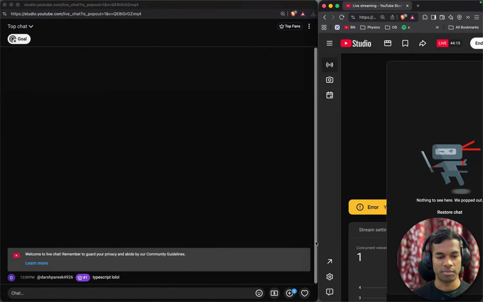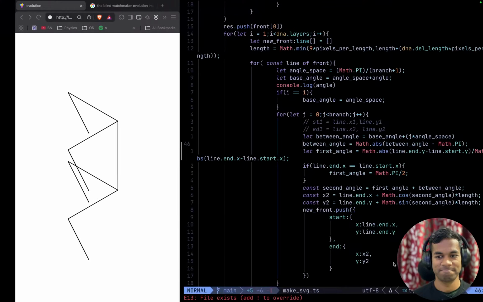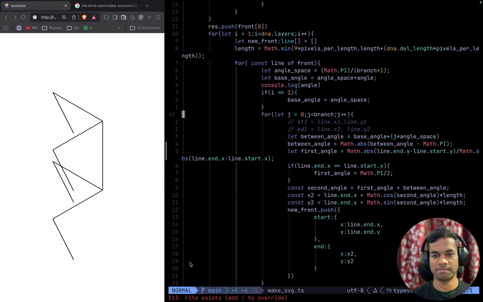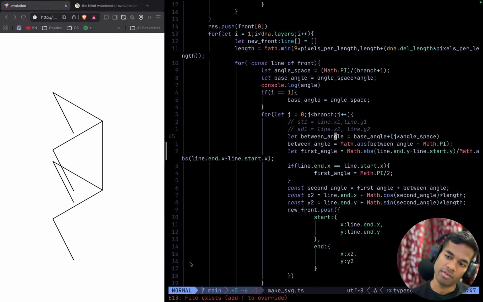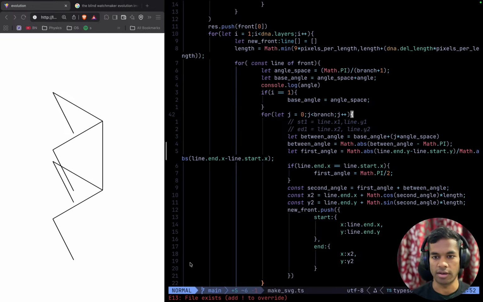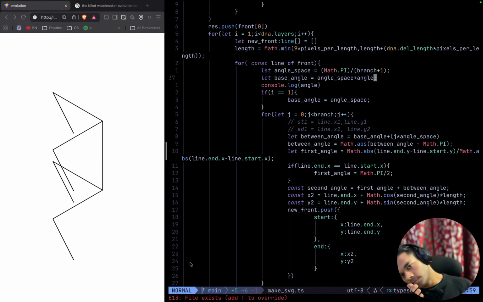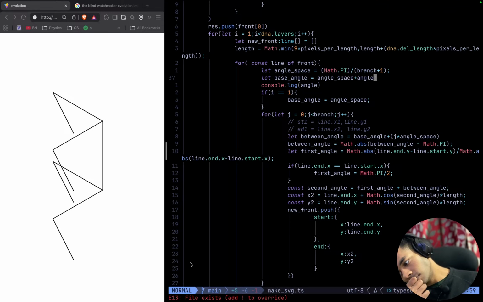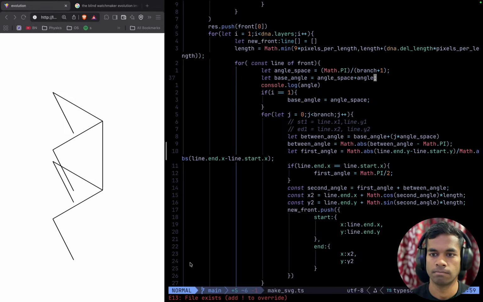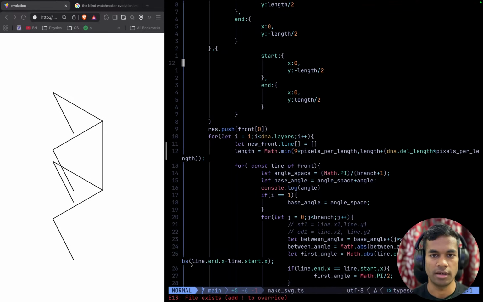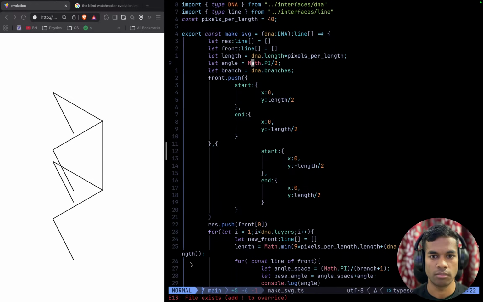Yep, TypeScript, that's why. Let between angle be base angle plus j into angle space initially. Yes, base angle would be fine. Angle is 90, which is pi by 2, math dot pi by 2.